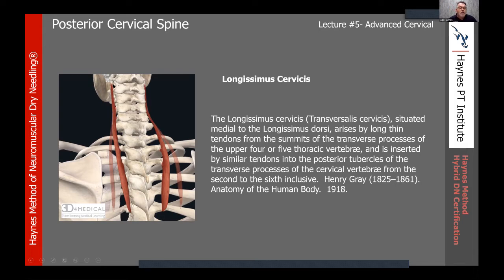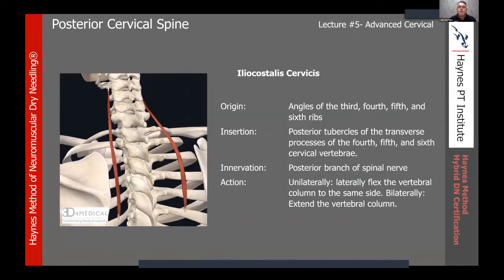Well, as you can tell, neither of those needle locations would have let us gain access to iliocostalis or longissimus. You'll see in a bit that that's why we go to the lateral articular pillar in order to needle those structures. How often are they involved clinically? Probably not that frequently. However, we do want to be able to interface with those, and so there is a nice location where we can get to that.